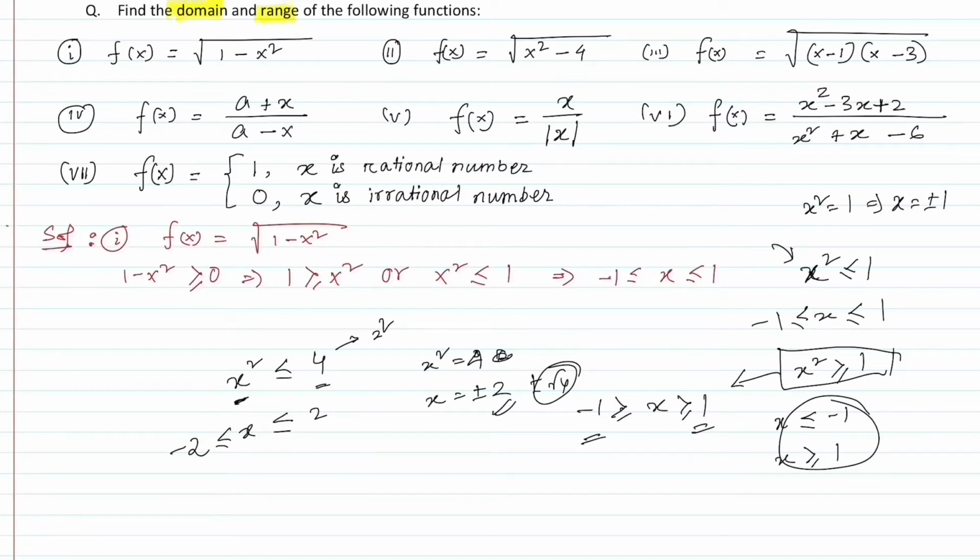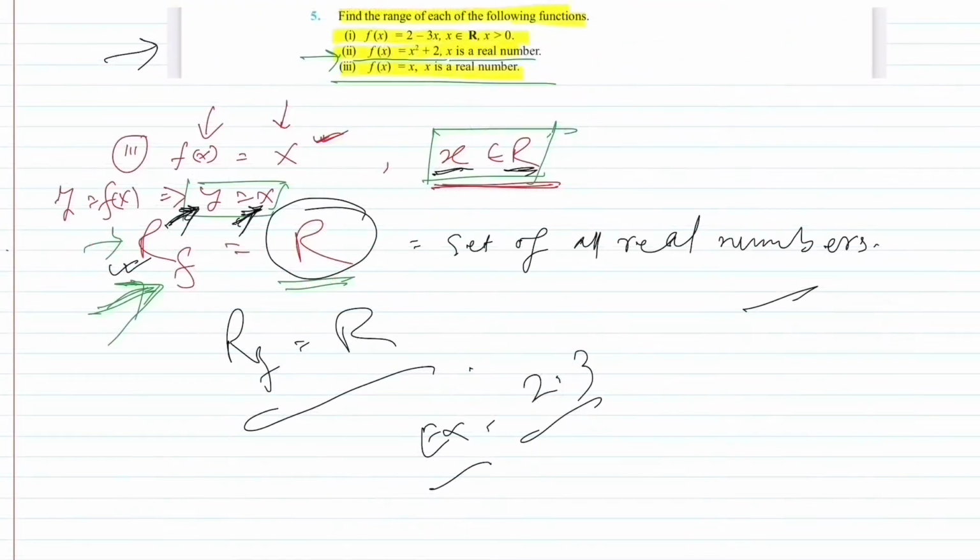So if x square is less than or equal to 4, then x must be greater than or equal to minus 2, less than or equal to 2. Instead of less than or equal to 4, if x square is greater than or equal to 4, then x is less than or equal to minus 2 or greater than or equal to plus 2. Okay, let me take some additional questions.